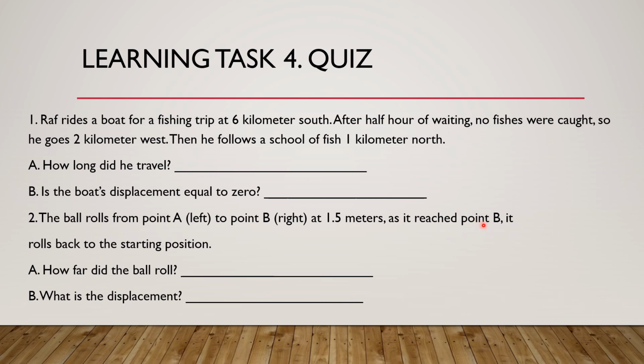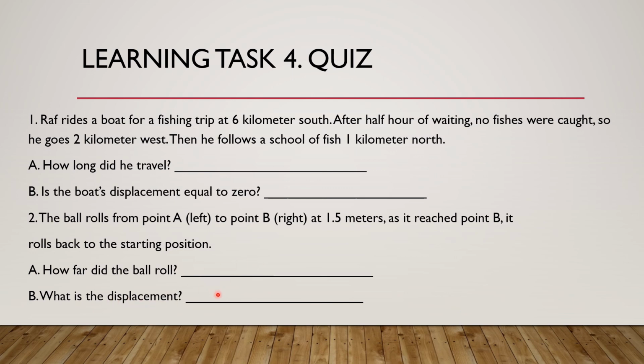As it reaches point B, it rolls back to the origin o to the starting position. Bumalik. How far did the ball roll? Ibig sabihin, bumalik siya. May 1.5 meters na, bumalik pa siya ng another 1.5 meters. Ano kaya ang kanyang magiging distance? Okay.